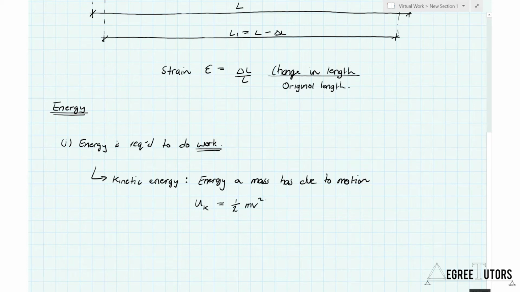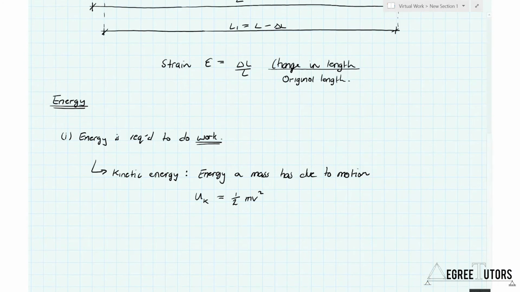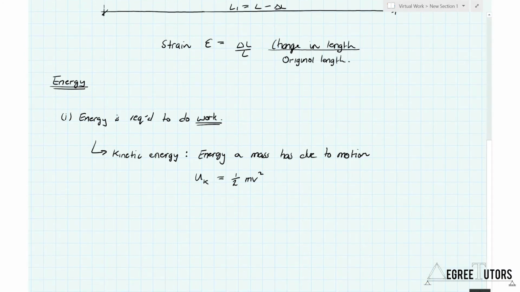So we're just explaining this here for completeness, but what we really want to focus on for the purposes of our discussion is potential energy. That's the one that we're going to elaborate on further. So potential energy is energy that is stored in an object, or energy that an object has due to its position, or more importantly for us, its state of internal stress.